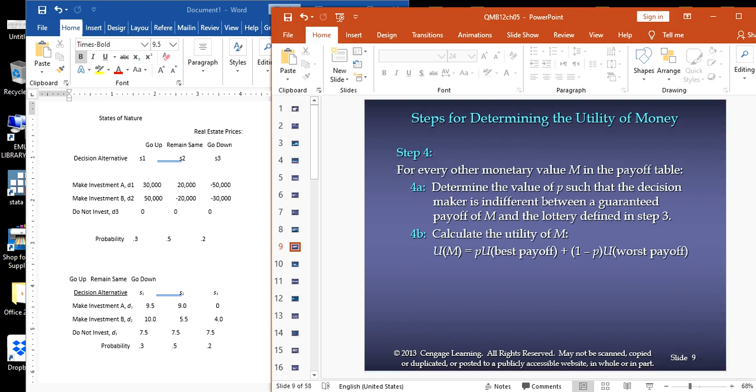Step 4. For every other monetary value M in the payoff table, determine the value of P such that the decision maker is indifferent between a guaranteed payoff of M and the lottery defined in step 3, and then calculate the utility of M. Utility of M equals P times U(best payoff) plus (1 minus P) times U(worst payoff).